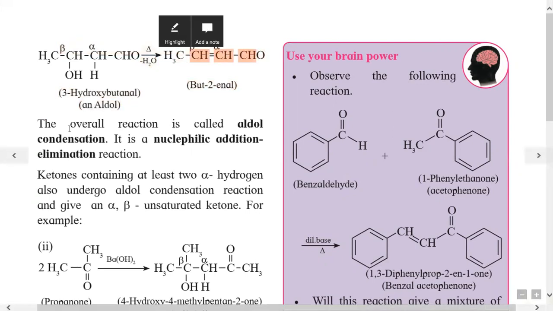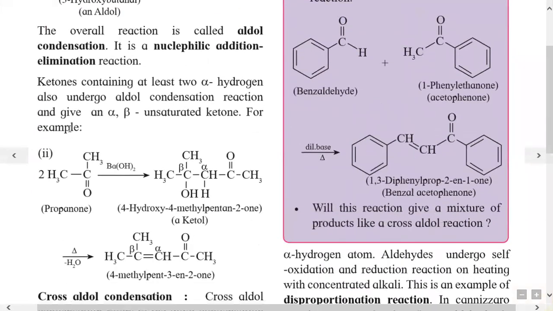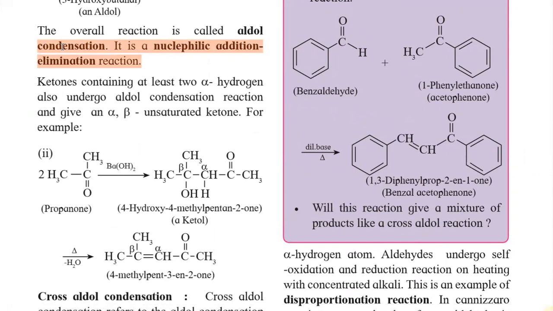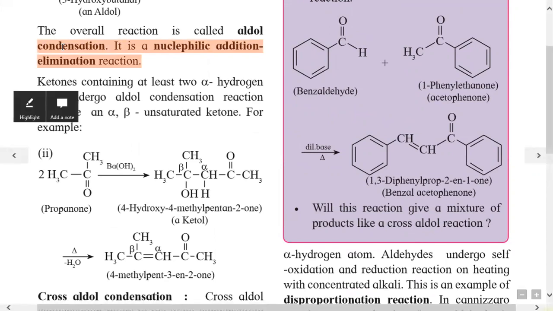So total carbon atoms are 4, with a double bond between the second and third carbon, therefore but-2-enal, that is an aldehyde. So the overall reaction is called aldol condensation reaction. It is a nucleophilic addition elimination reaction. So this example we have studied for an aldehyde.